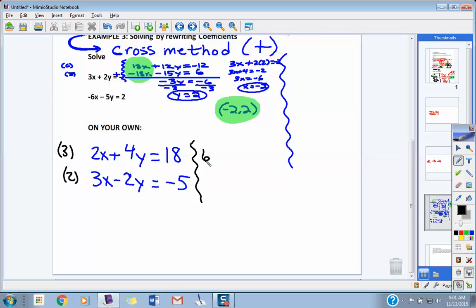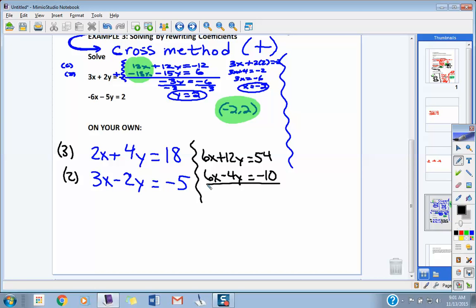All right, so what's the top get rewritten as? 6x plus 12y equals 54. What's the bottom get written as? Plus 4y or minus 4y? Minus 4y. Everybody agree?